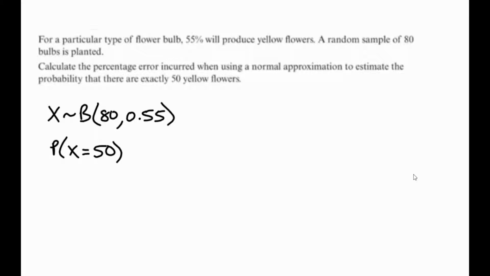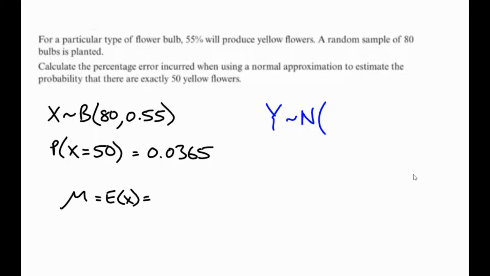Putting this into your calculator, 0.0365 to 4 decimal places. How would it differ if we'd gone for the normal approximation? So Y follows a normal distribution. To calculate mu, which is the expectation of X, we're going to go ahead and calculate np. In this case, that's 80 times 0.55, which gives the answer of 44.